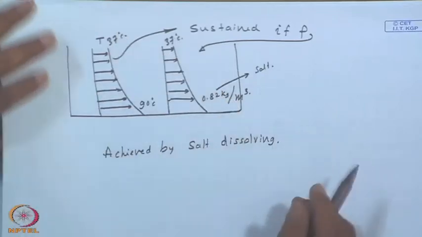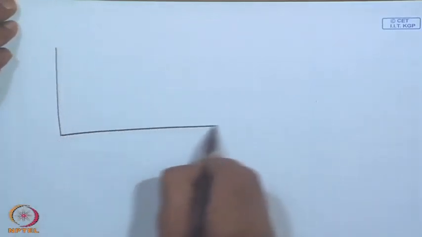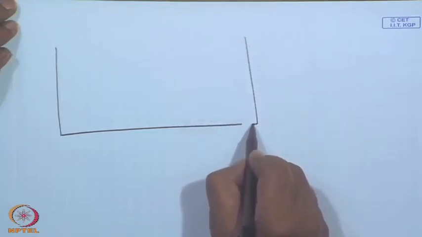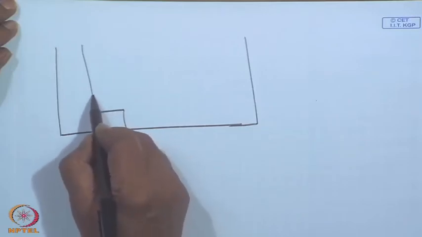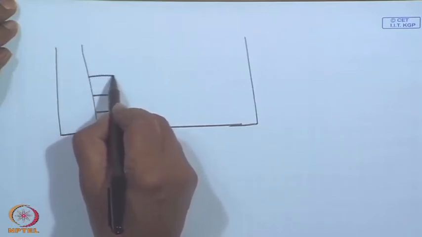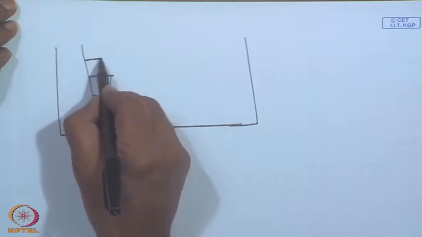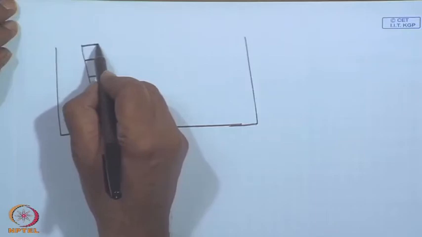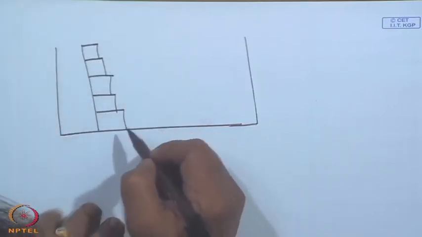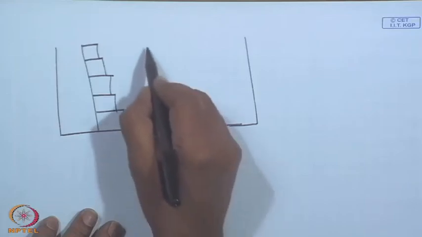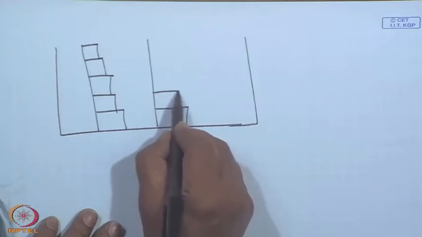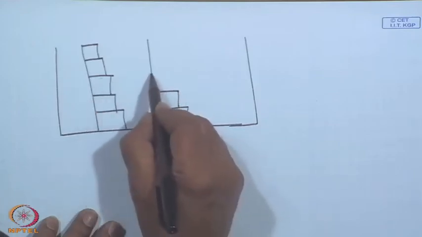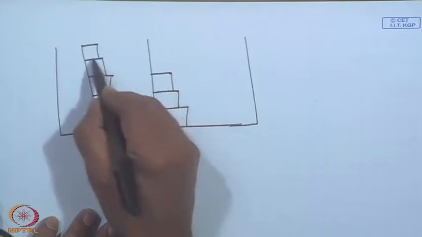So, like that if I discretize it, I will have a solar pond with temperatures continuously decreasing like this, and the corresponding densities will also be decreasing.